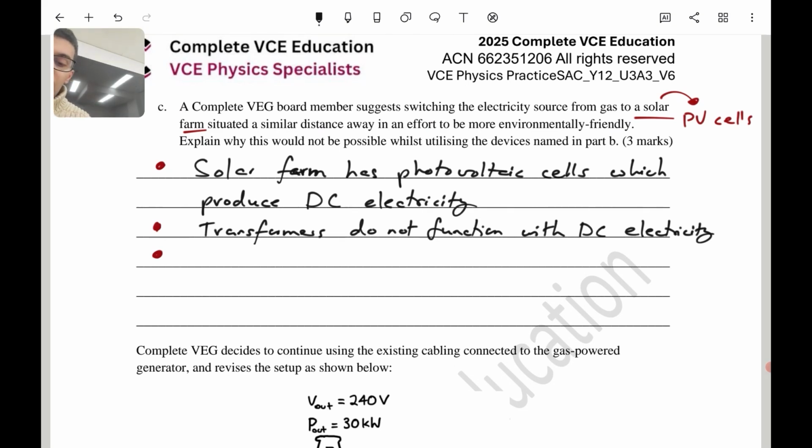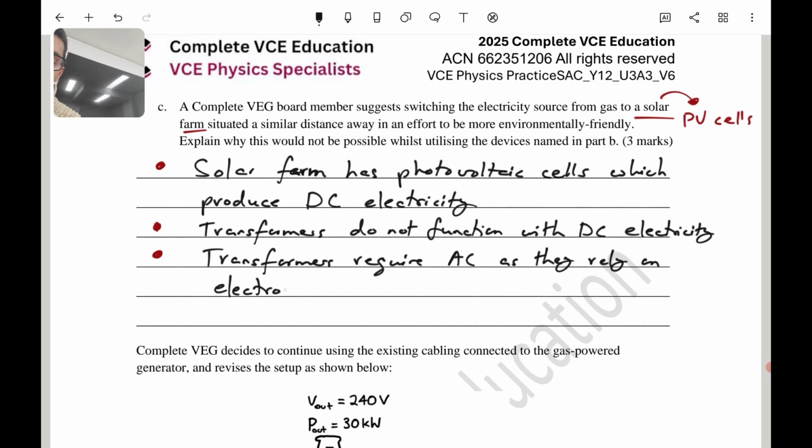Transformers require AC as they rely on the process of electromagnetic induction to induce electricity in the secondary coils.